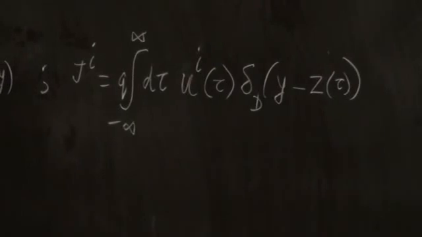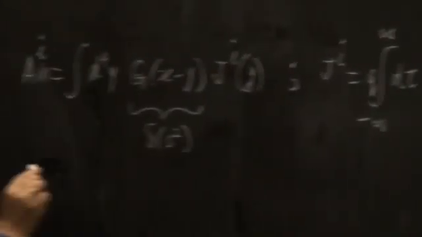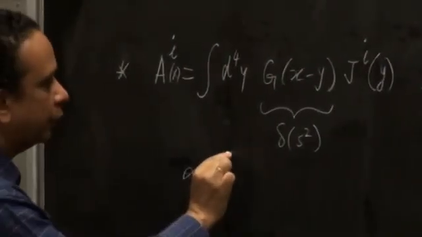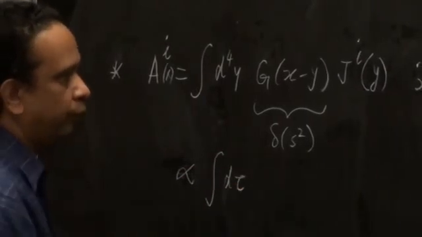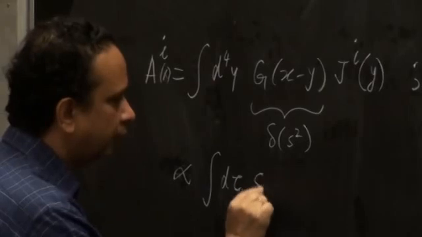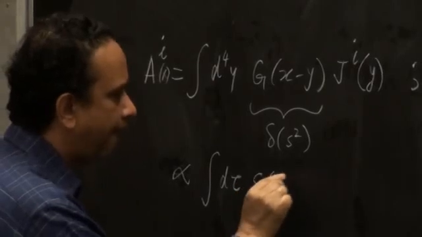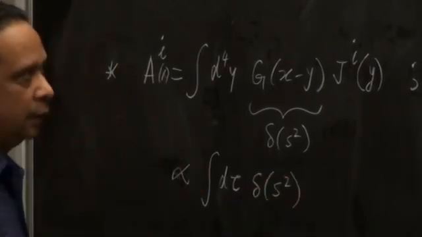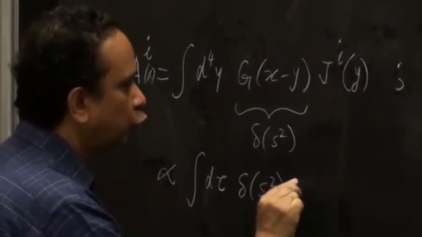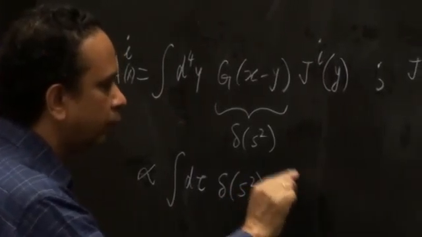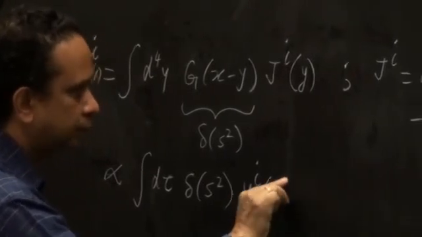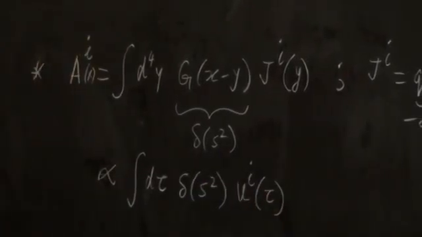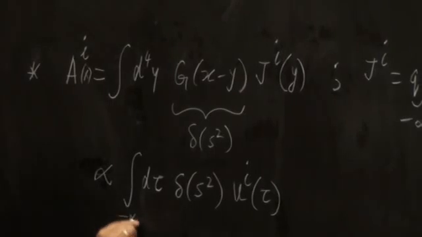So you will find that this is essentially given by, we should use proportionality, integral over d tau, delta of s square times u_i of tau. Everything else will go away. This is from minus infinity to plus infinity.